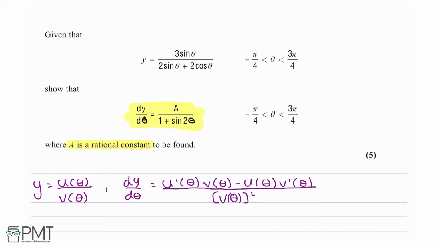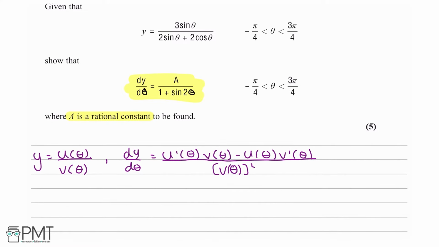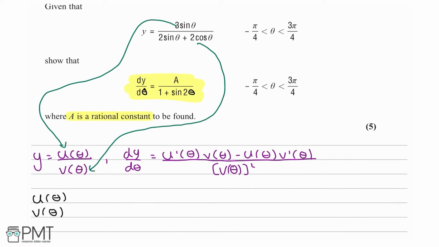Okay, so the first thing I'm going to do is assign u theta and v theta functions from our question. So u theta is our numerator, which is 3 sine theta, and v theta is our denominator, which is 2 sine theta plus 2 cosine theta. So let's write these down. u theta is 3 sine theta, v theta is 2 sine theta plus 2 cosine theta.